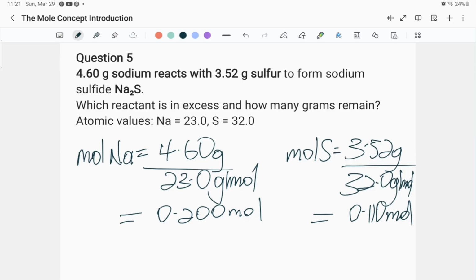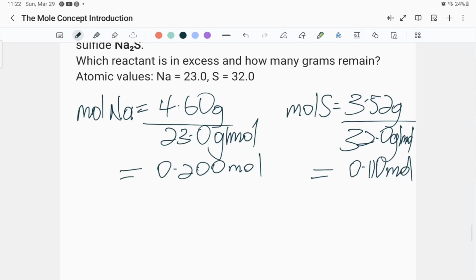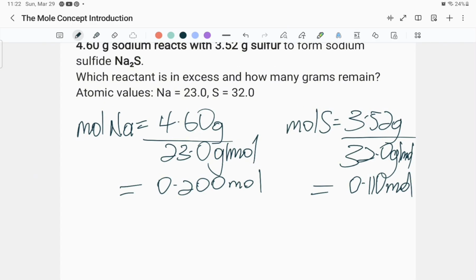Then we write the equation and determine the ratio of the reacted moles. Both of them are reacting with one another to form sodium sulfide, so we write the balanced chemical equation and take the mole ratio from it.